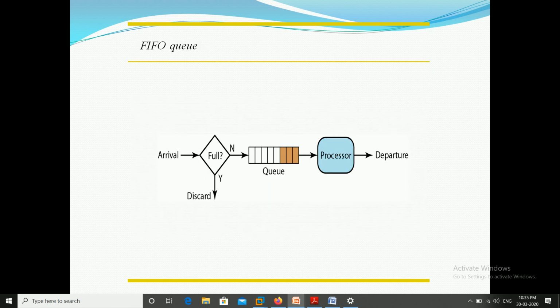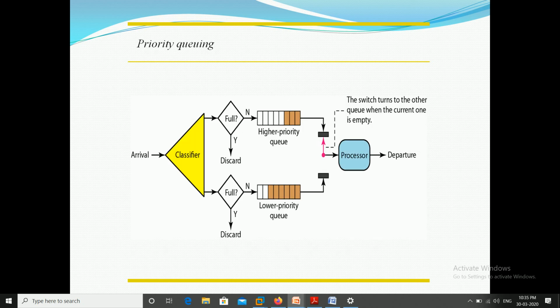The last one is quite simple. First in first out has no kind of discrimination. In priority queuing there is discrimination, for their betterment. One packet is termed high priority and the other is treated as low priority. Someone is given high importance, the other low importance.